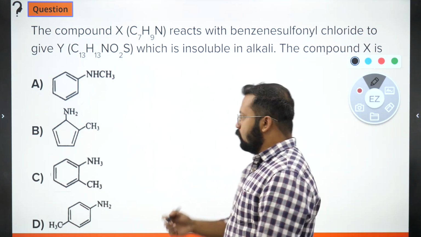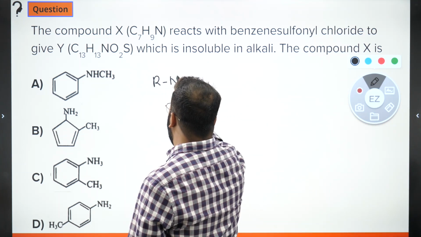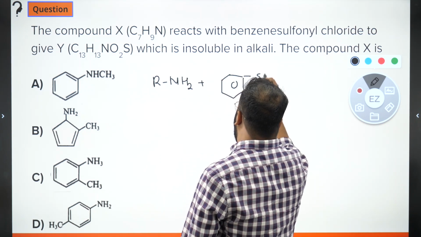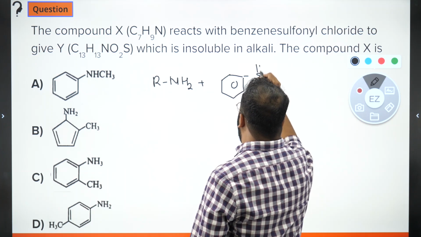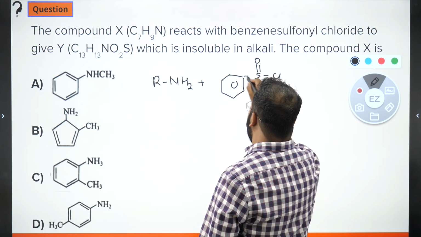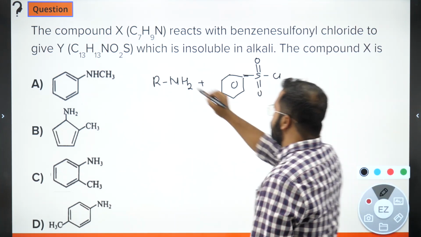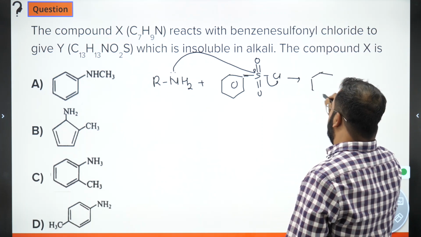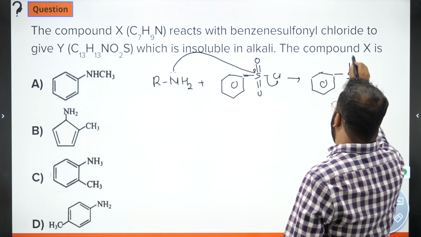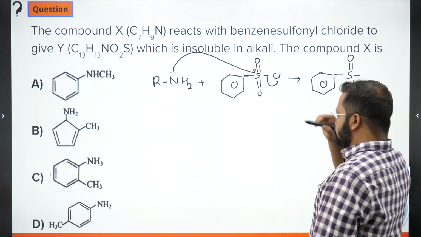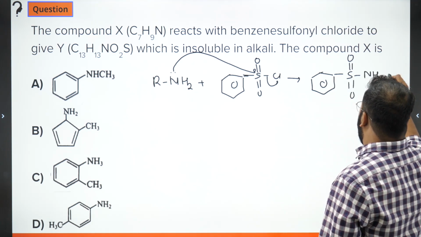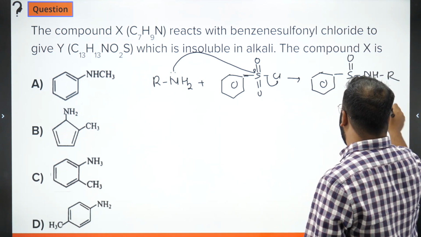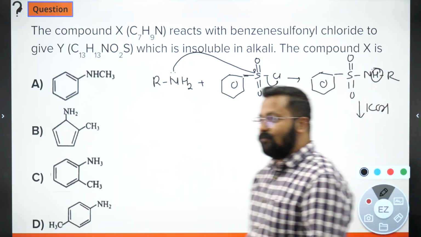Any Hinsberg reagent, if it reacts with a 1 degree amine, let's say it reacts with a 1 degree amine, S double bond O Cl, this will attack over here, this will go out, I would get S double bond O NHR. अब मैं इसको अगर KOH के साथ रिएक्शन कराता हूं, then KOH will remove this proton and form a salt.